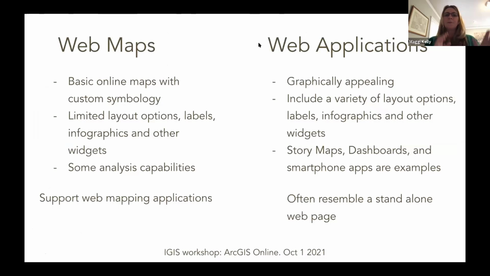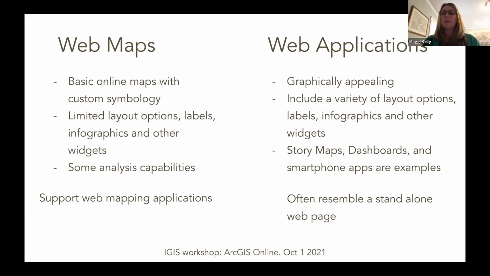So web maps are basic online maps with some limited layout options, some analysis capabilities. They really are the building block that you use to create your web apps. And your web apps are graphically appealing, with lots of different layout options, ways to plug and play with different Esri tools like story maps or dashboards or other things.